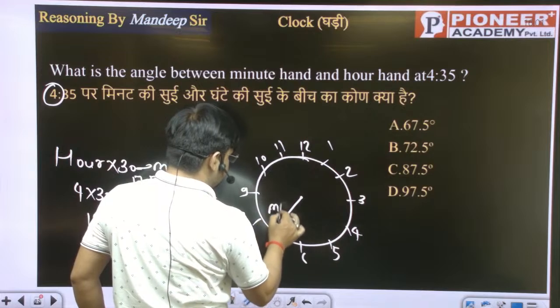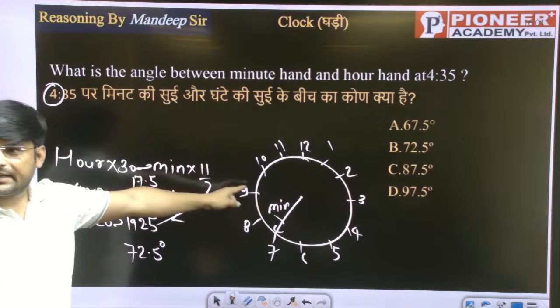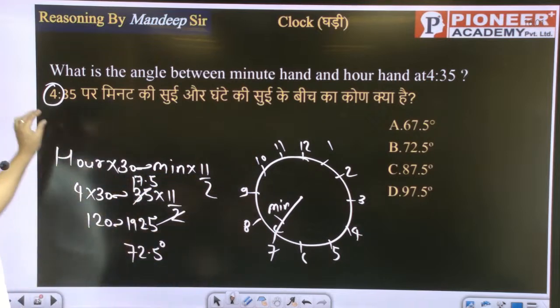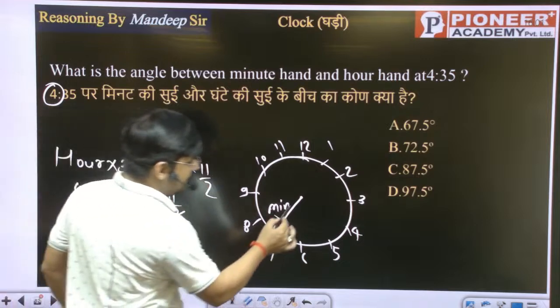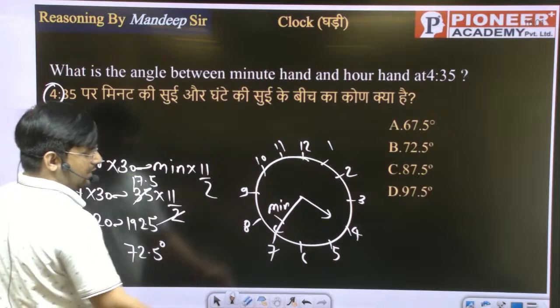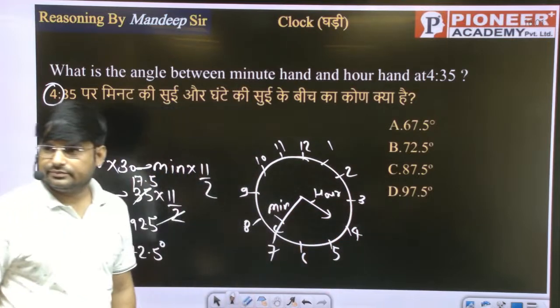When the clock is showing 35 minutes, the minute hand is always exactly on the number 7. And let's assume the hour hand is at number 4. It's the hour hand. Clear?